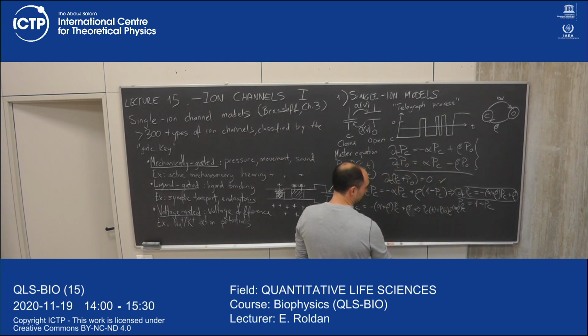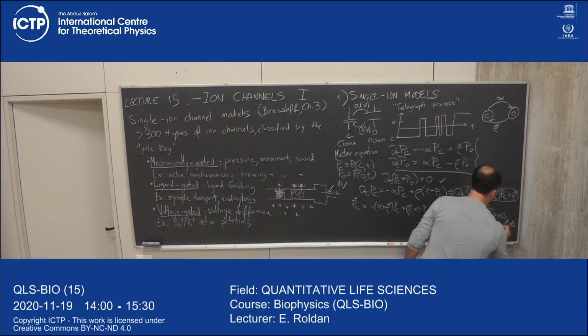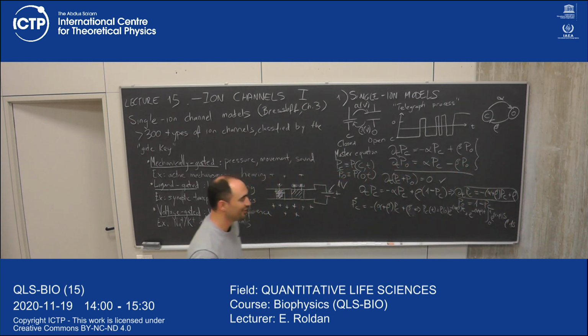This comes from this part, and then there is the e to the minus (alpha plus beta) t times the integral from 0 to t of e to the (alpha plus beta) s times beta ds. This is the Euler formula.